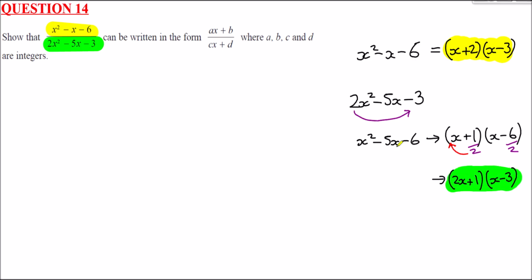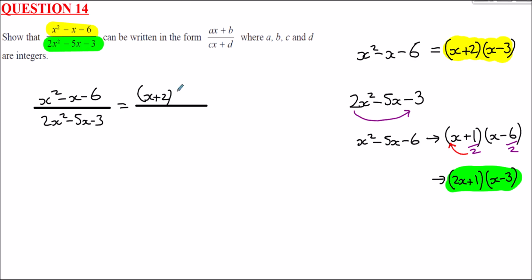So what I can do here is essentially simplify this fraction now. So x squared minus x minus 6 all over 2x squared minus 5x minus 3 is one and the same thing as x plus 2, x minus 3 as the numerator, because we just factorized that numerator to arrive at this expression.